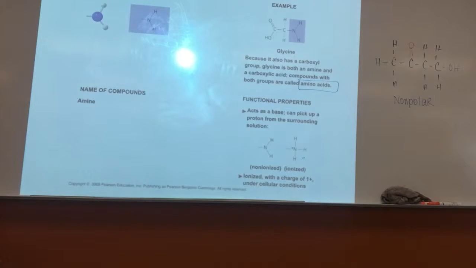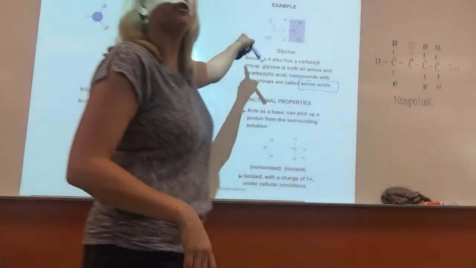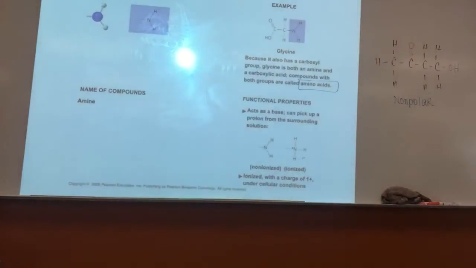I briefly brought up amino acids the other day. Does anybody remember what amino acids are used to make? Proteins. And so this is one, there are 20 different amino acids. This is one of them, glycine, and all amino acids have an amino group, the NH2. They also have another group. What other group is on this molecule? The carboxyl group.